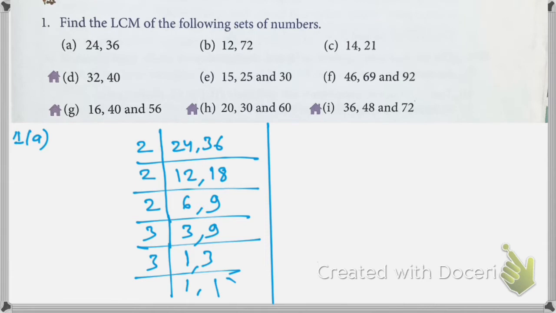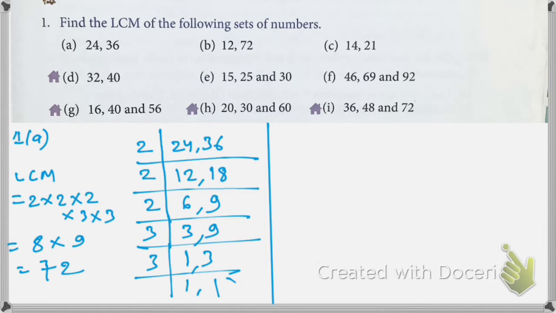So LCM will be 2 cross 2 cross 2 cross 3 cross 3. So our answer will be 8 times 9, so it will become 72. So students, 72 is the lowest number which comes in the 24 table and also the 36 table: 36 two times and 24 three times.